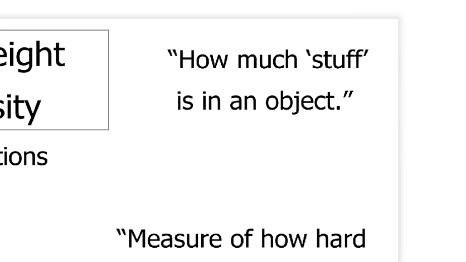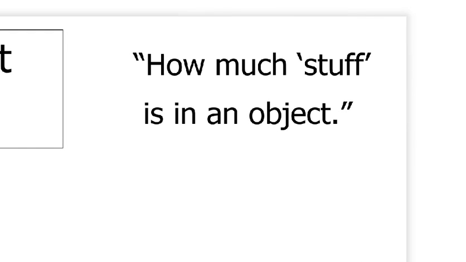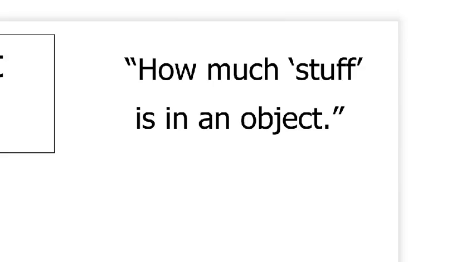Here's a definition of one of those terms. I wonder if you can guess which one it is. I'm going to write it down here. How much stuff, it's not a super technical definition, but how much stuff is in an object? Have you guessed it? It's the mass.